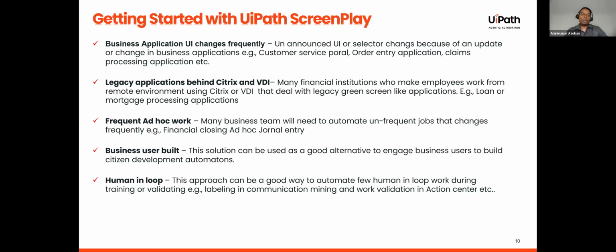Even if you look at the logs, we can identify whichever automations have the most number of faults, and UI changes and change requests in the recent past are good candidates for screenplay. For instance, customer service portals or any claims application, because claims rules will change in many companies. So wherever there are a lot of business process rule changes, those business applications are good candidates for redesign using screenplay.